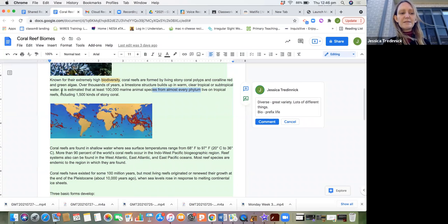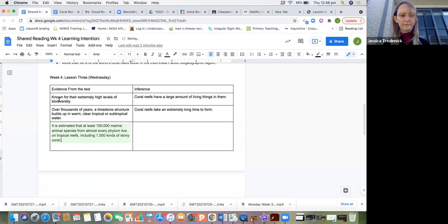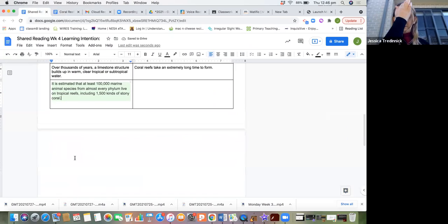So what I can infer, this is my evidence. So that's my given evidence. It's estimated that at least 100,000 marine animal species from almost every phylum live on tropical reefs. So I can infer, I can guess or gather from that information that not just worms or not just plants or not just fish live in a coral reef.